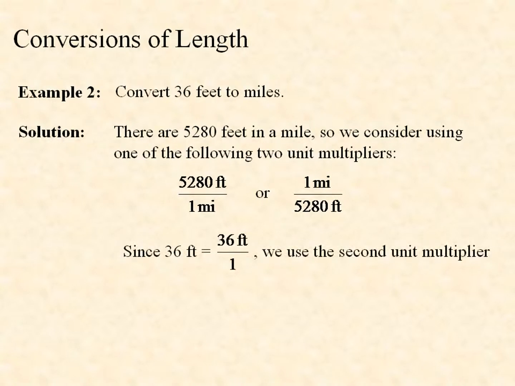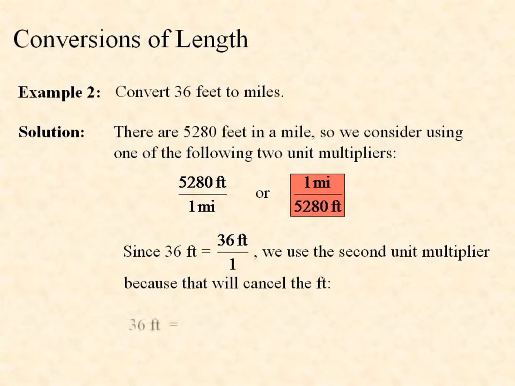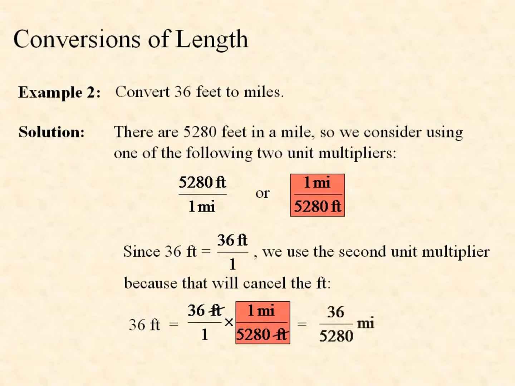Since 36 feet is 36 feet over 1, we use the second unit multiplier because that will cancel the feet. So we have 36 feet over 1 times 1 mile over 5280 feet. The feet cancel. We're left with 36 over 5280 miles, which if you use a calculator comes out to 0.0068 miles.